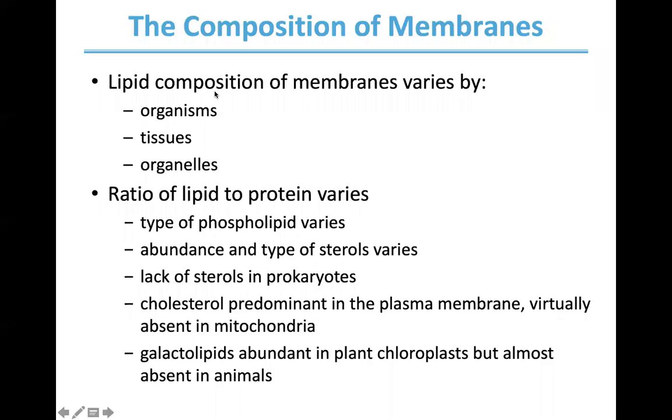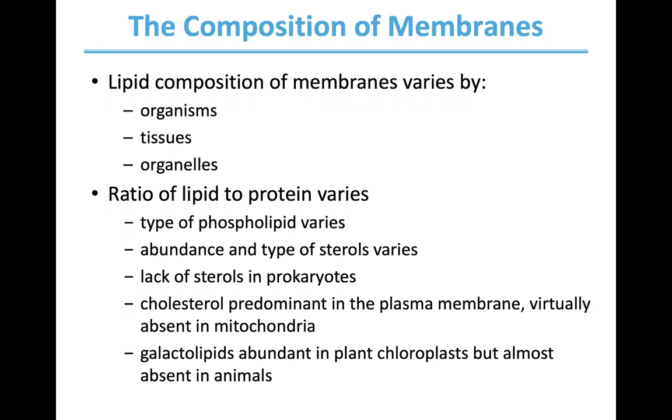We talked about phospholipids, so glycerophospholipids and sphingolipids as the primary ones, but not necessarily. There's sterols. We talked about cholesterol and sterol-derived molecules. So the composition changes depending on the organism, depending on tissue, depending on organelle.